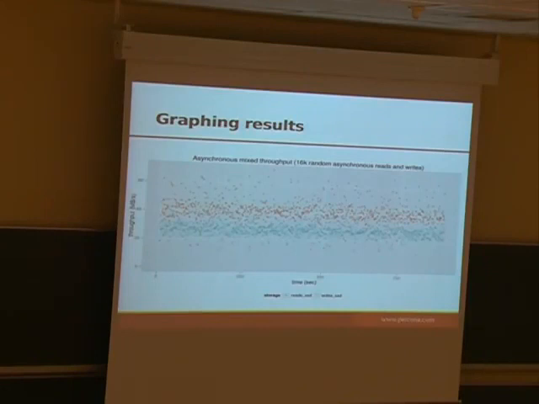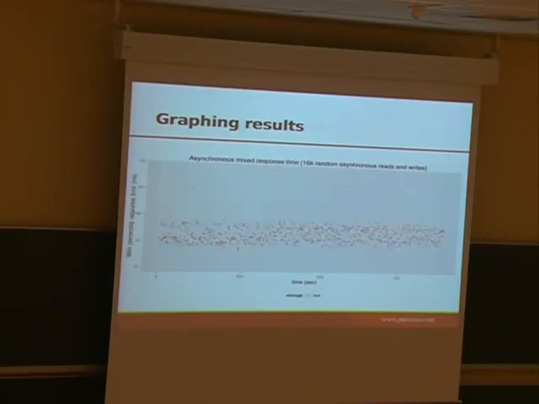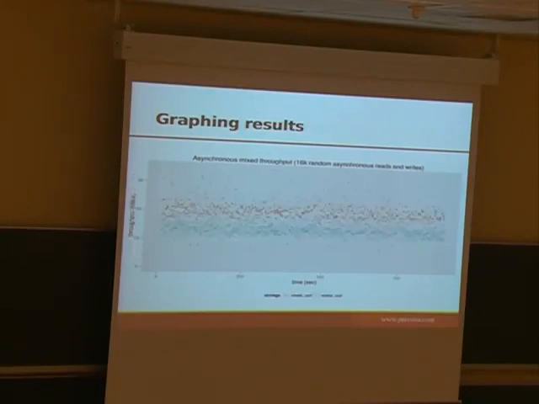If I do reads and writes at the same time, I'm not able to do 400 meg read throughput anymore. Here is the response time of this graph, and the red one is the read throughput, and the blue one is the write.